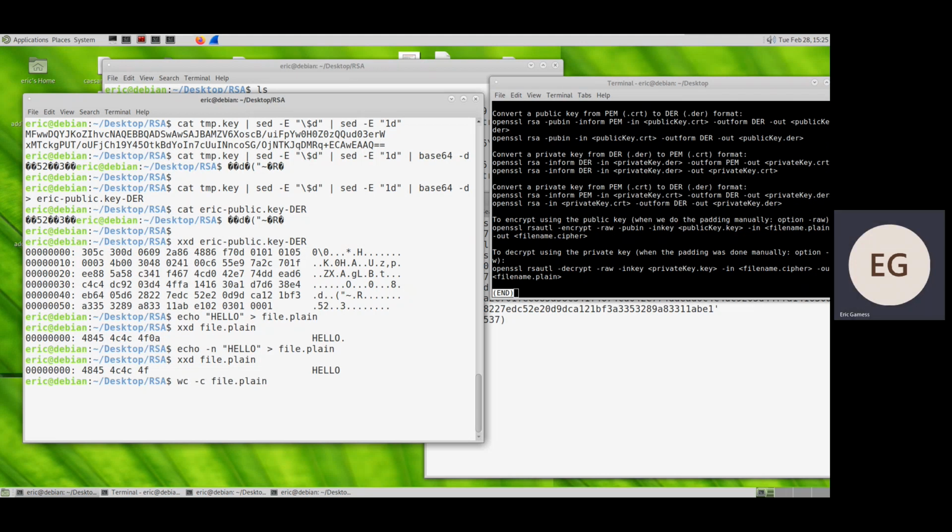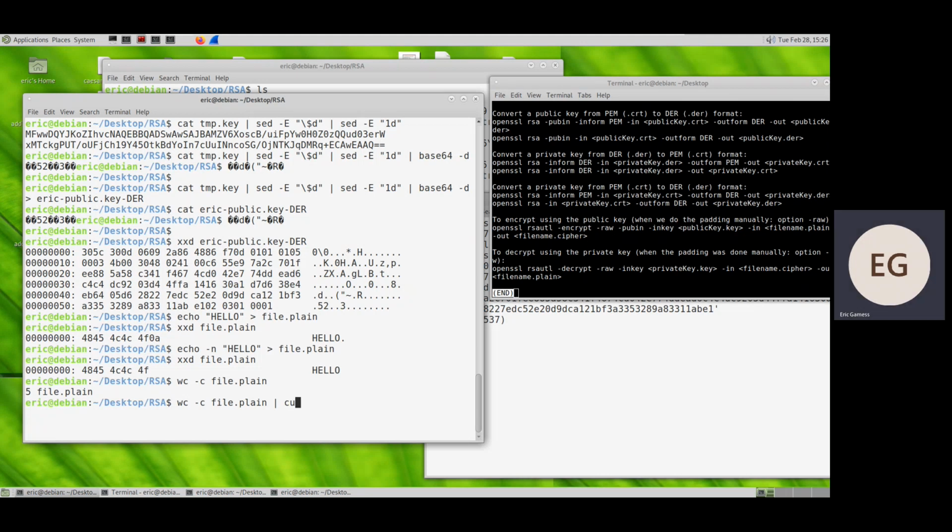Count the number of characters in this file. 5. Okay, I want to get rid of the name, because it's telling me in the first column the number of bytes, and in the second column it tells me the name of the file. I want to get rid of the name of the file. What can I do here to get just the first column?